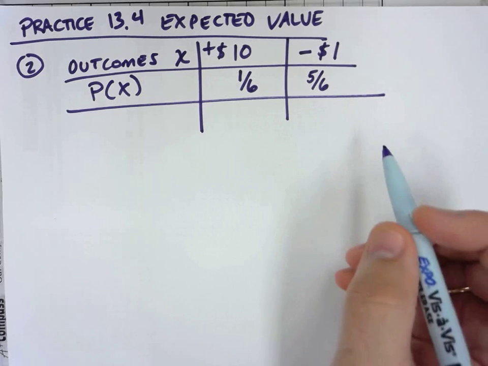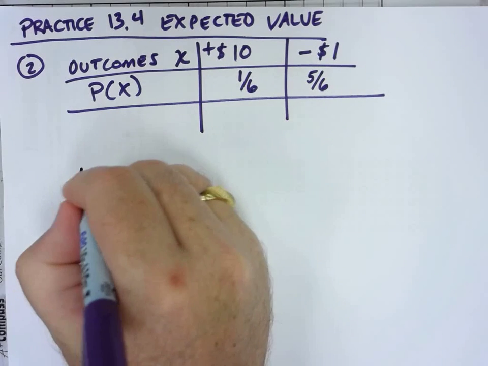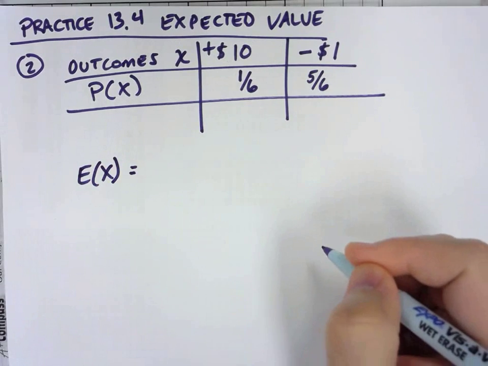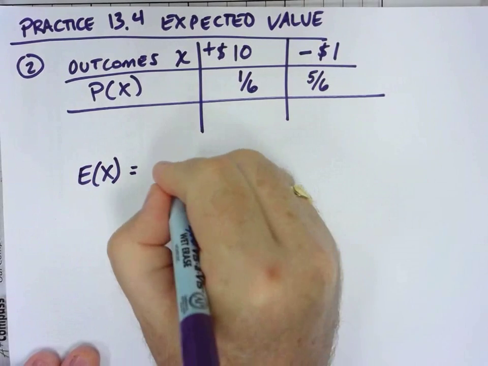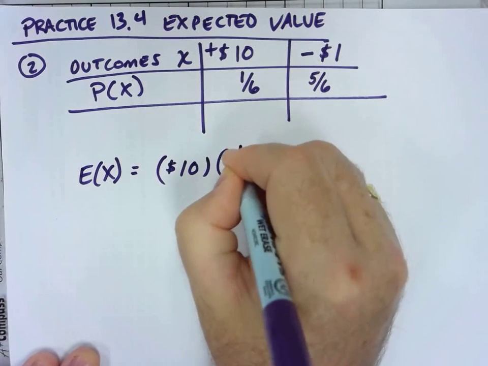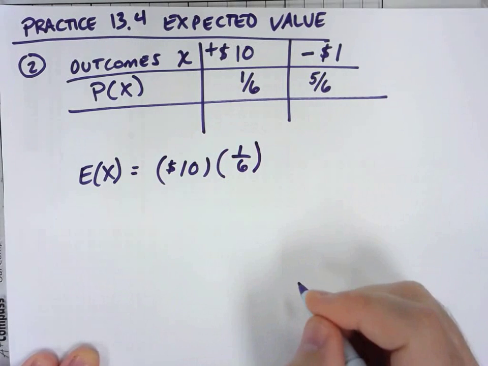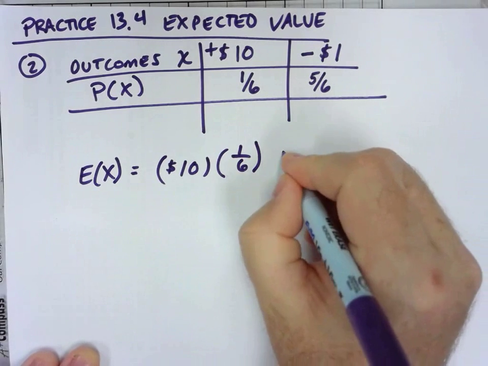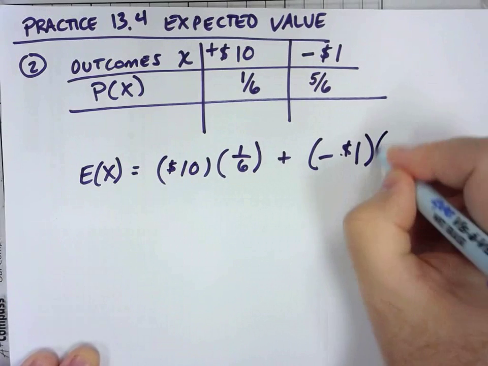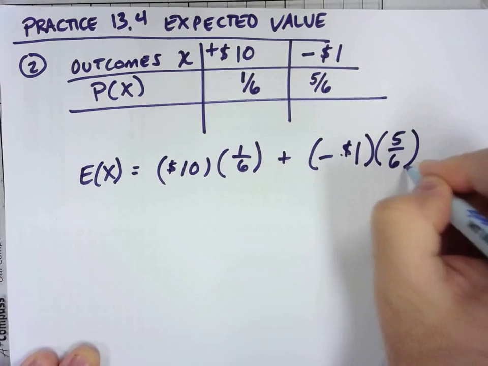All right. So, guys, we want to look at the outcome. The expected value for this problem is just saying, hey, I could win $10 times the probability 1 over 6, or I could lose $1, so that's going to be a negative $1 times 5 over 6. Okay?